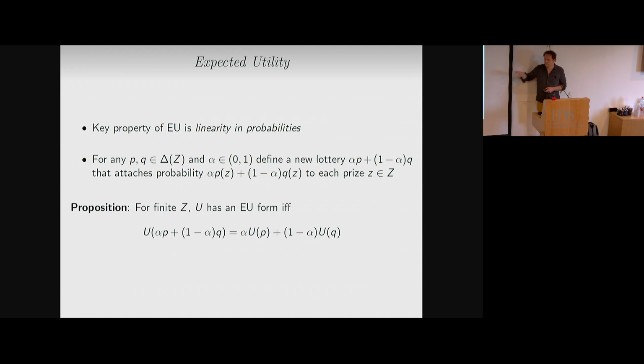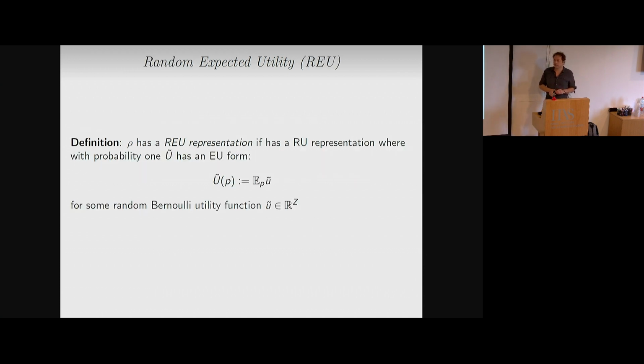This is a very powerful property of expected utility that gets exploited a lot in the von Neumann-Morgenstern theorem, where the key axiom is independence. And we'll see its version in the stochastic choice world. So what's a random expected utility representation?